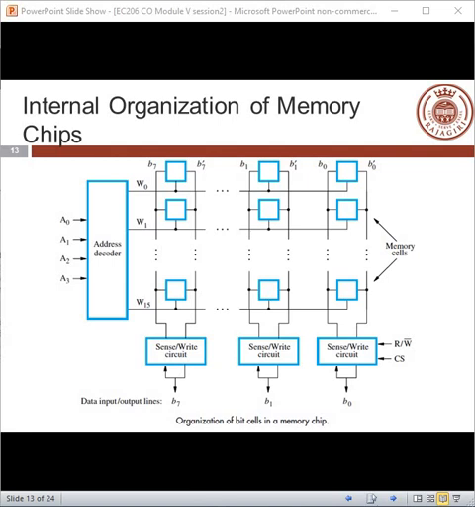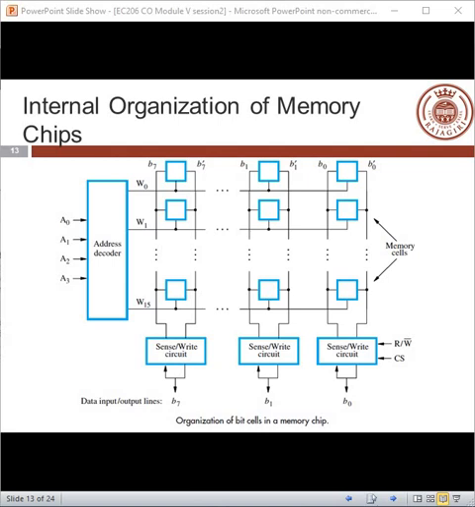So 128 divided by 8, we will have 16. Each row will have 8 bits, 0 to 7, named B0, B1 to B7, and we will have 16 rows, indicated as W0 to W15.